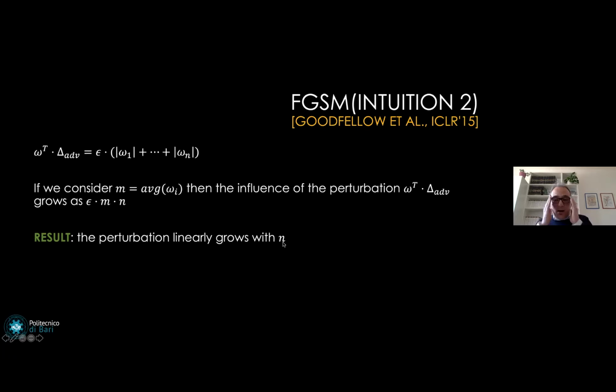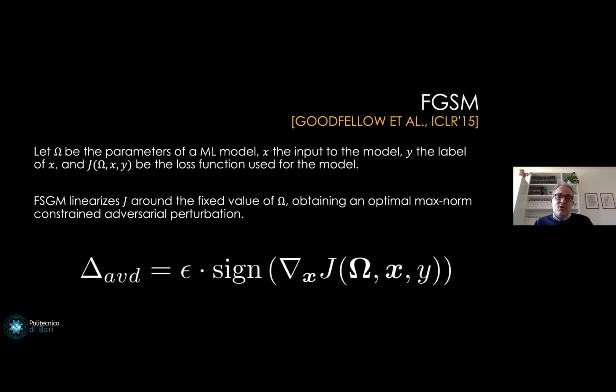So also in the case where epsilon is a small value, if we have a large number of parameters, for example represented by omega, the influence of this perturbation grows linearly with the number of parameters. So how is this intuition put within the fast gradient sign method?